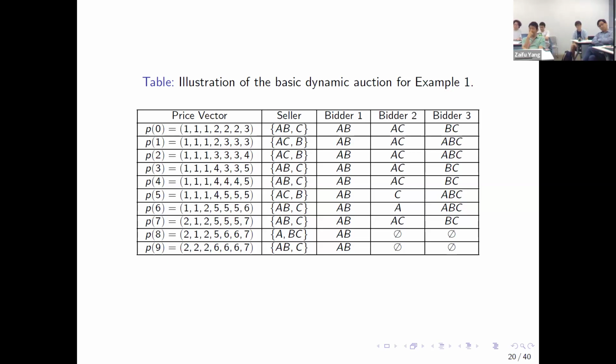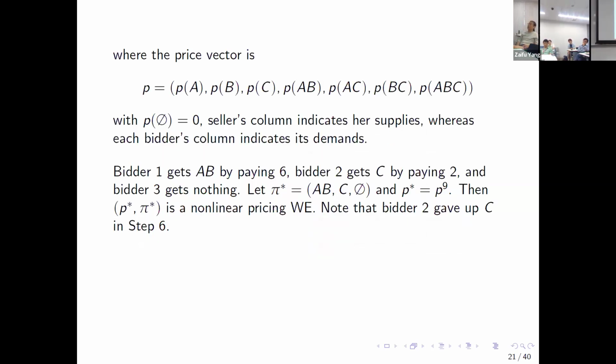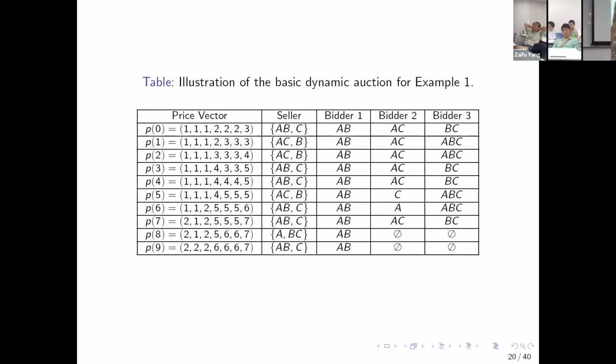At the first step, the auction starts with the reserve price for every bundle. So what's each element of the price vector? This is A, B, C, AB, AC, BC, and everything together, ABC.